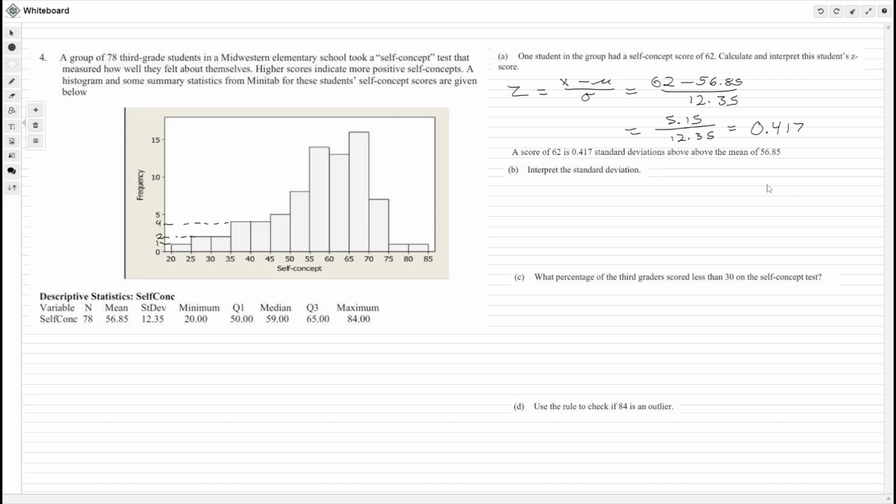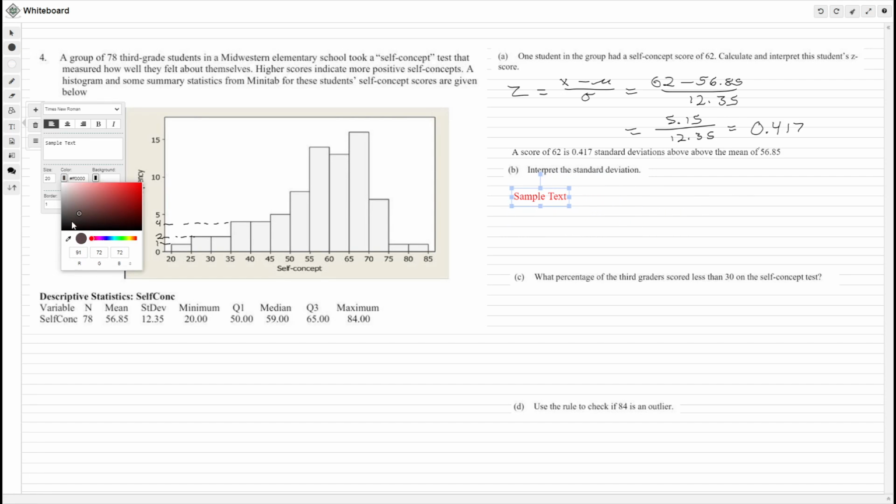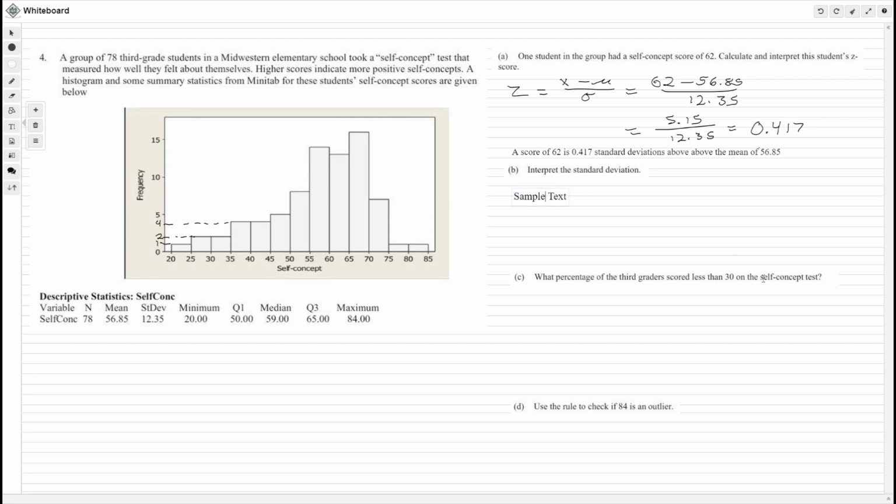Part B, interpret the standard deviation. The standard deviation given here is 12.35. The best way to interpret these values is to include 12.35 and the mean of 56.85 in our explanation. So let's set this up nicely. What are we going to say?